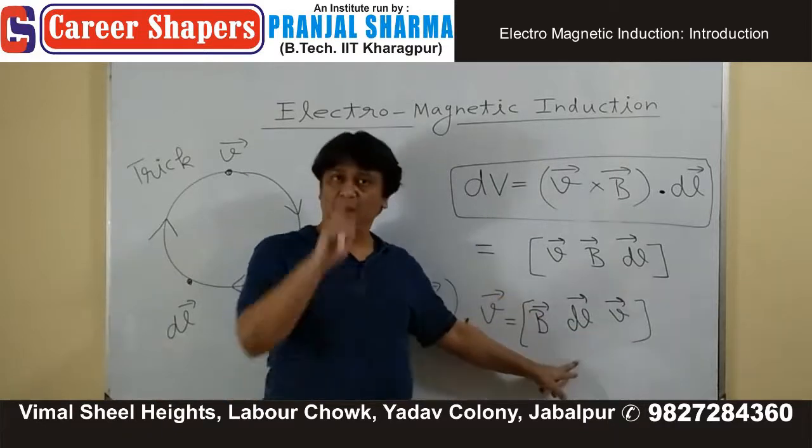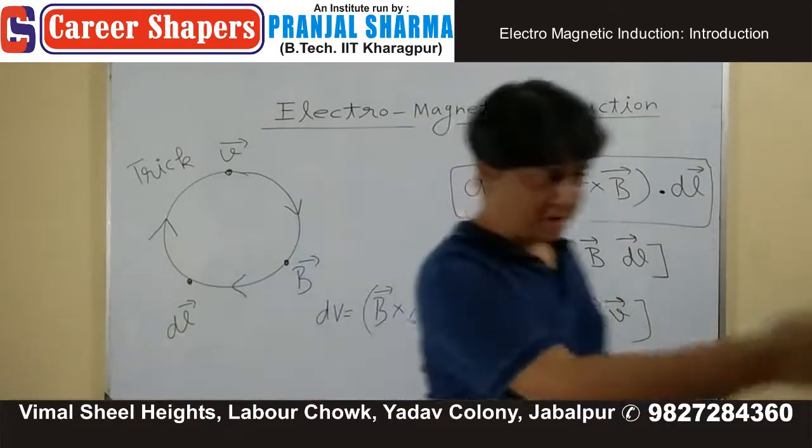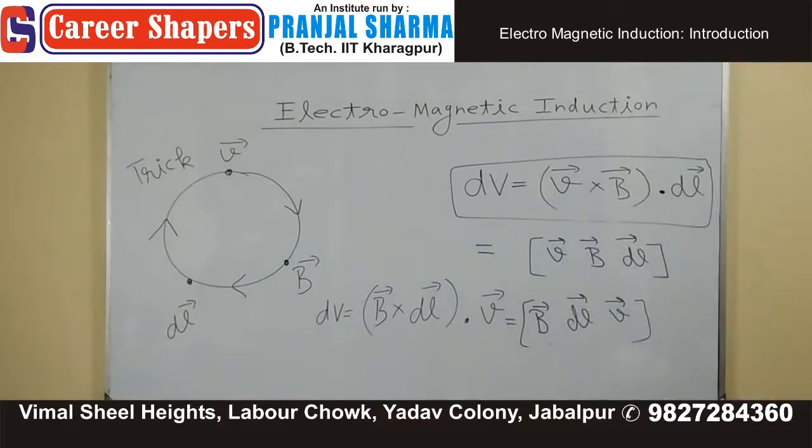Note down this, and there is a third one also left. Write down the third one in the comment box. I've given you the two formats. What about the third one? What is the other order which I can use?